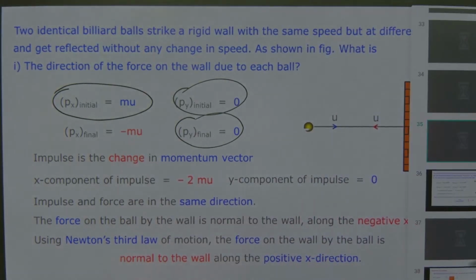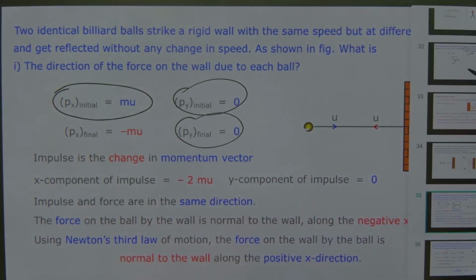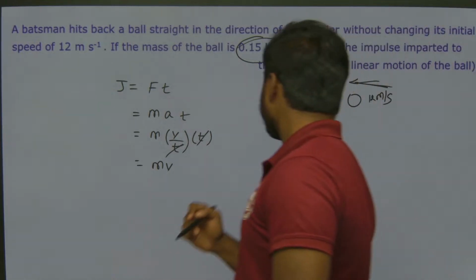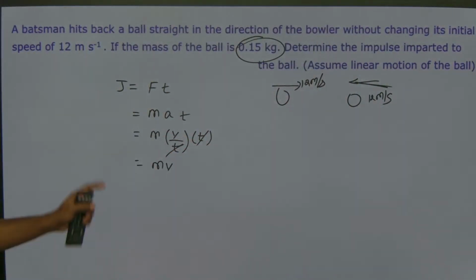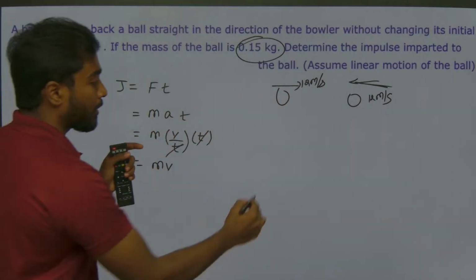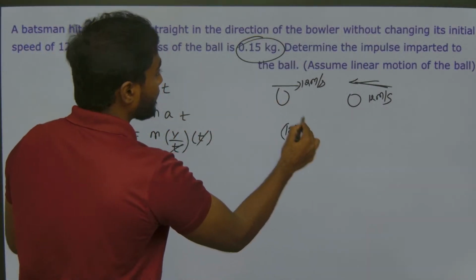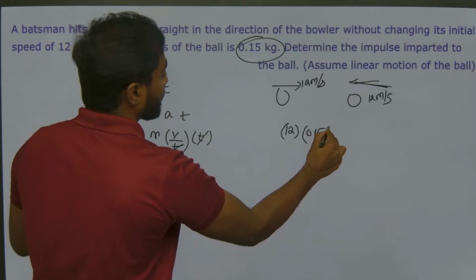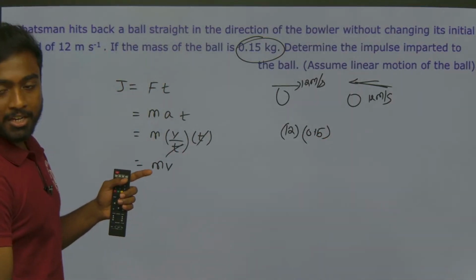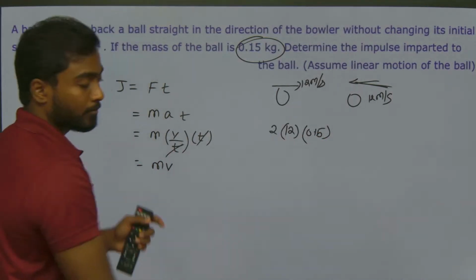So what I can do here: going with velocity 12 meter per second, mass 0.15 kg, and the change in momentum is 2 times.